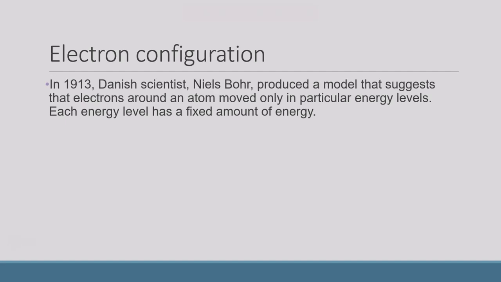In 1913, Niels Bohr, a Danish scientist, produced a model, and he suggested that electrons move around an atom in specific energy levels, and each energy level is associated with a specific or fixed amount of energy.